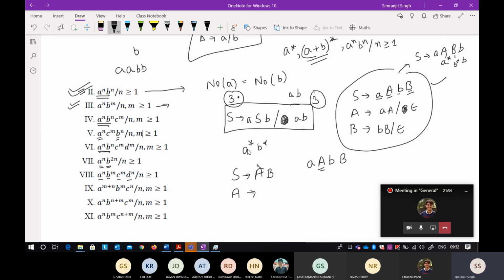But A star is not exactly A star, because at least one symbol should be there. So I can go like this: A followed by a single A, and then there is a B followed by a single B. Okay, so I prefer this one, but this is also correct and this one is also correct.